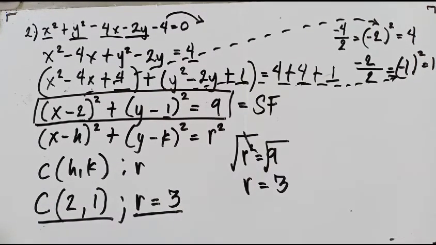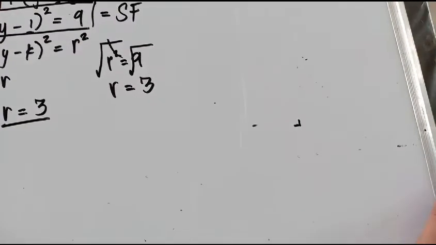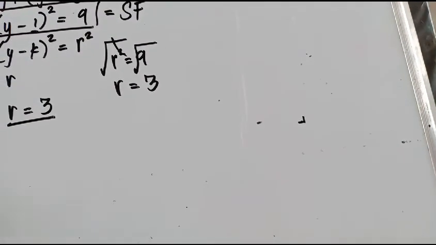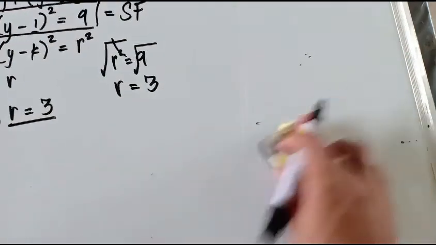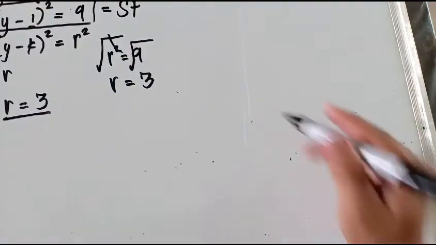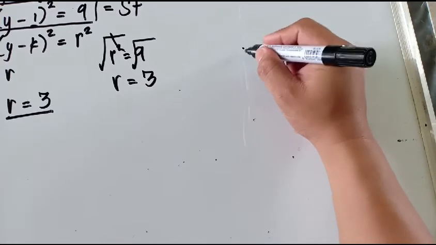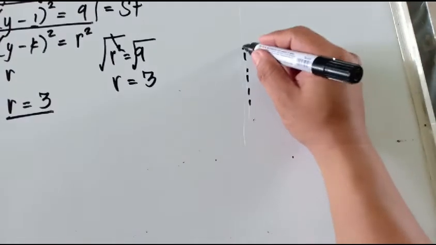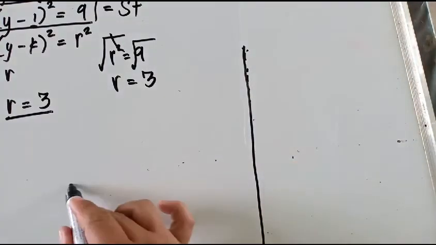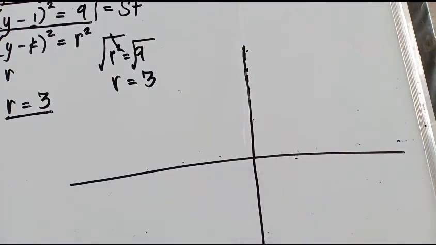If you try to graph that one, let's take this one. Let's have a graph of the equation x squared plus y squared minus 4x minus 2y minus 4 is equal to 0.